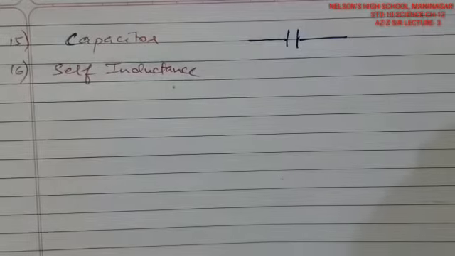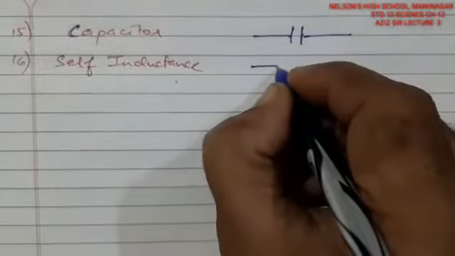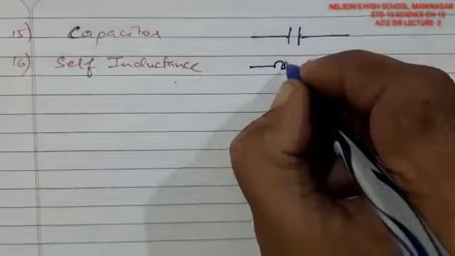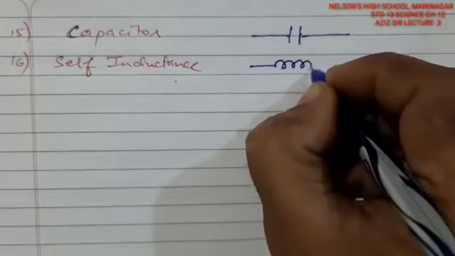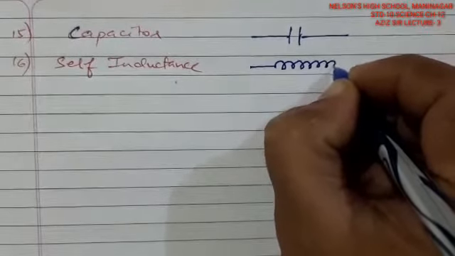Then self inductance, that is a symbol which is shown here. A line is drawn and a round shape is shown like this. Okay, this is self inductance.